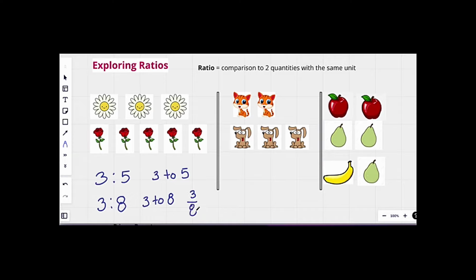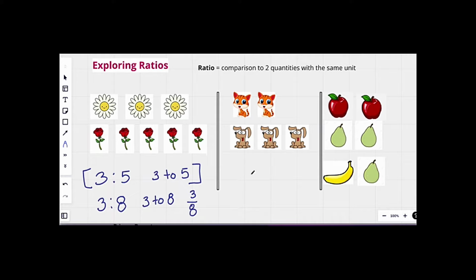They all mean the same thing. So remember, this one at the top right here was part to part, because we're comparing a part of all of our flowers to another part of all of our flowers. The bottom here is called part to whole ratio, because we were comparing a part of all of our flowers to all of our flowers that we have.